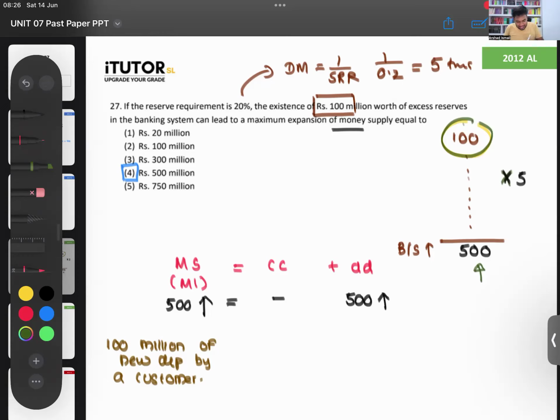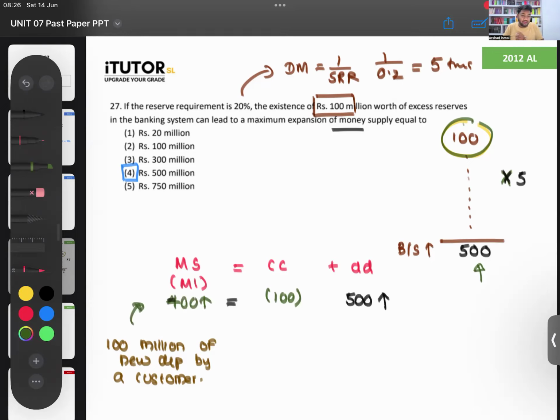That means what will happen to currency held by public? Customer is depositing. Currency held by public will fall by 100. So then money supply won't increase by 500. Then money supply will increase only by 400.